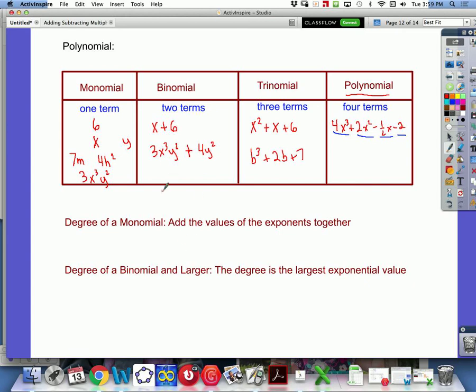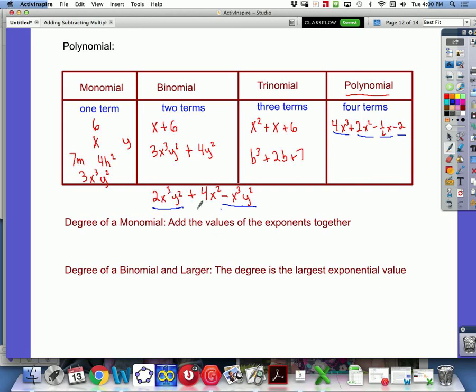Where you have to be careful is if they give you something like this. They may say 2x cubed y squared plus 4x squared minus x cubed y squared. This looks like a trinomial because there's 3 separate chunks, but if I look closely, this first one and the last one both have an x cubed and a y squared.